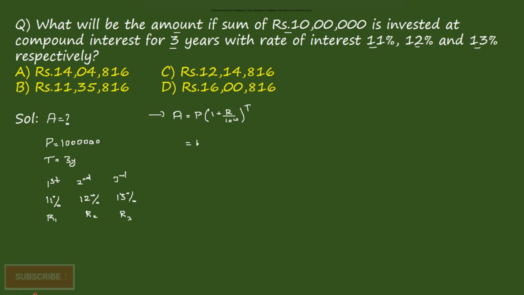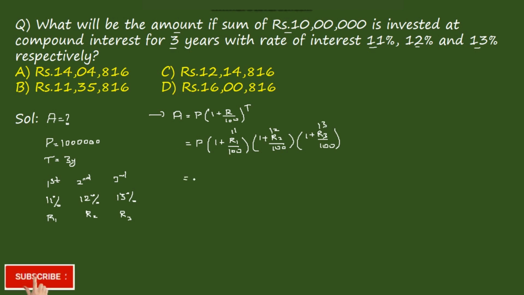It becomes P into (1 plus R1 by 100) into (1 plus R2 by 100) into (1 plus R3 by 100). Right? We know that R1 is 11, R2 is 12, and R3 is 13. And principal is 10 lakhs. So just substituting the values, we get 10 lakhs.